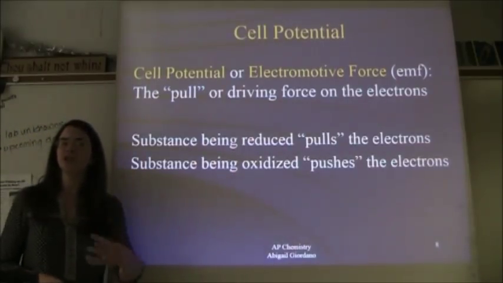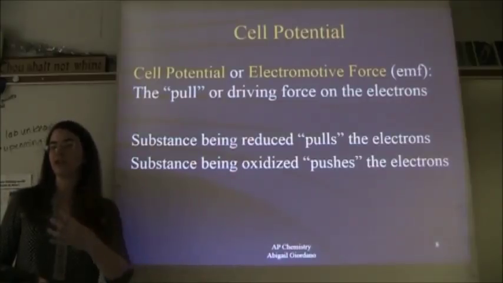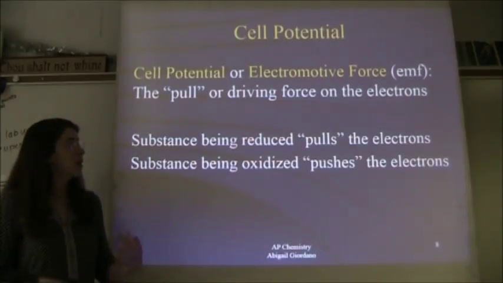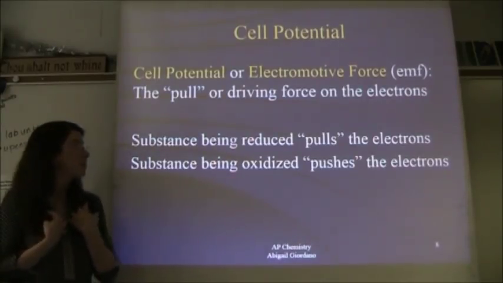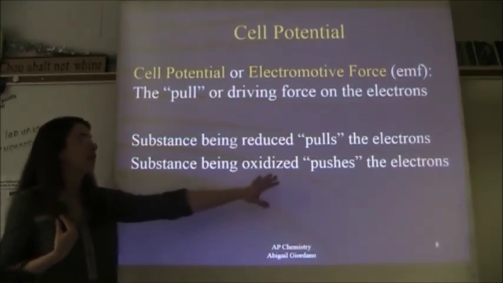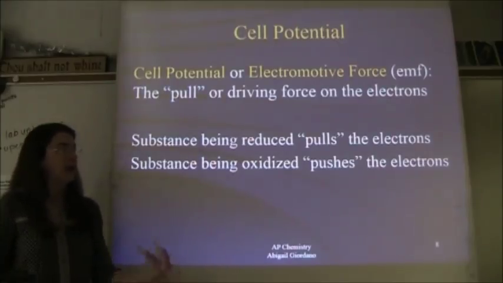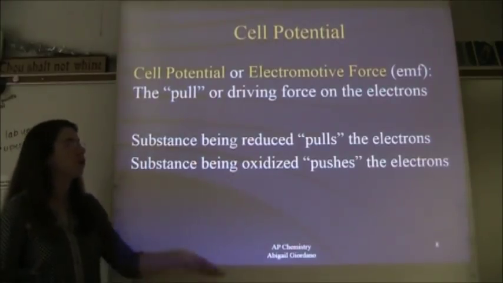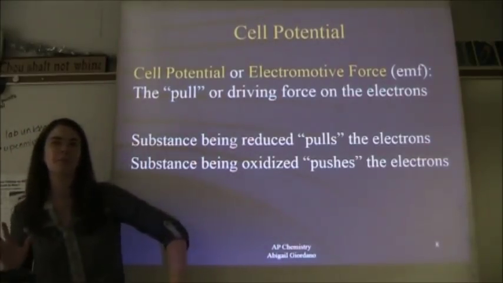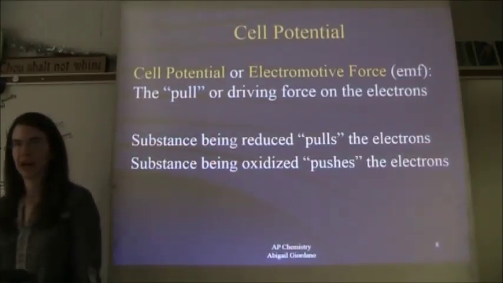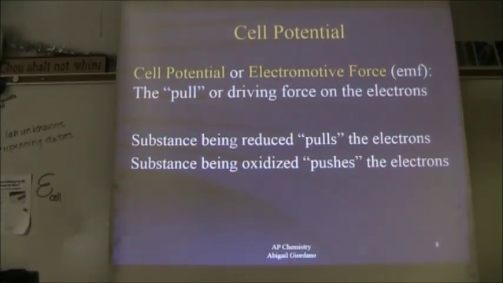It's a force moving electrons through the wire. It doesn't matter to me if you think of it as the electrons being pulled by the cathode, or if you think of it more as electrons being pushed from the anode side. I don't care how you think of it. But it's the force moving the electrons through the wire. We are going to call it potential.